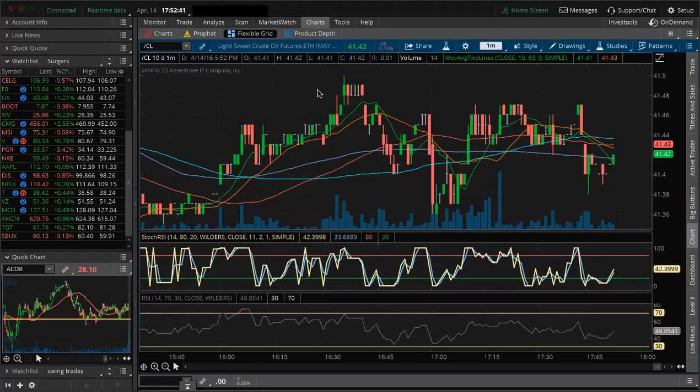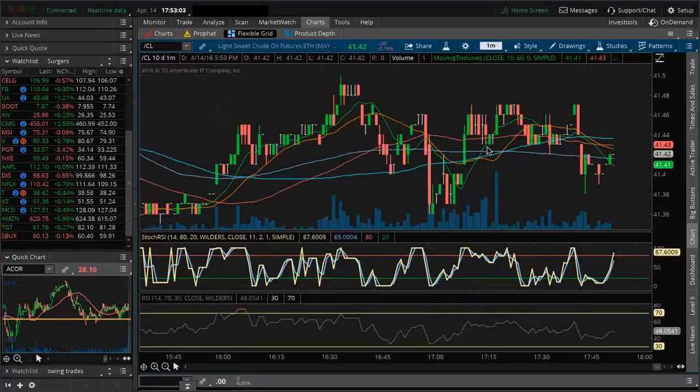For the K, I use 11, and for the D, I use 2. The fast and slow is literally just the number of periods back that it's looking, typically.